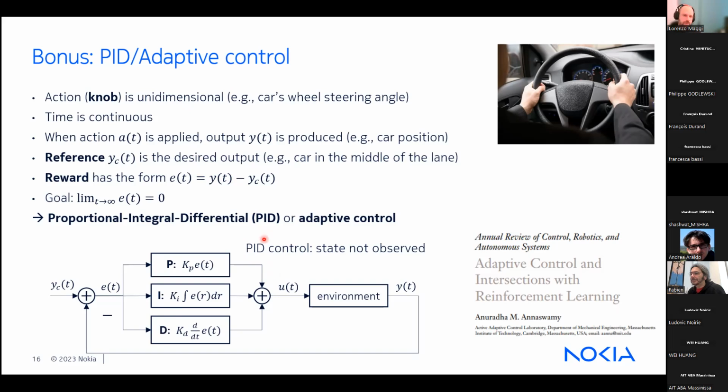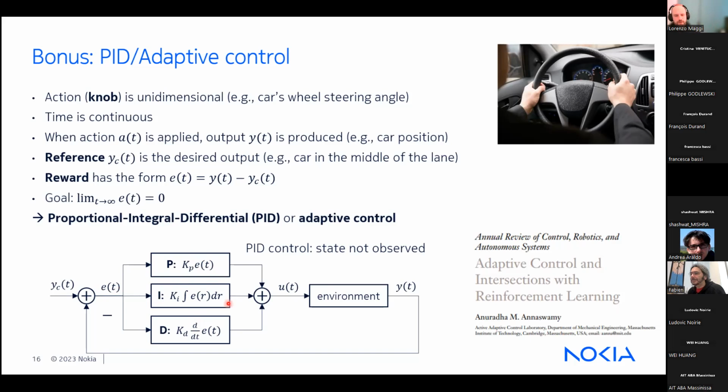And let's just say a little bit more on PID control. The PID control is nothing more than something that observes the error, so the gap between your position and your reference signal, and then acts on it in either a proportional way to the error, or in an integral way to the error, or in a derivative way of the error. The proportion is clear.